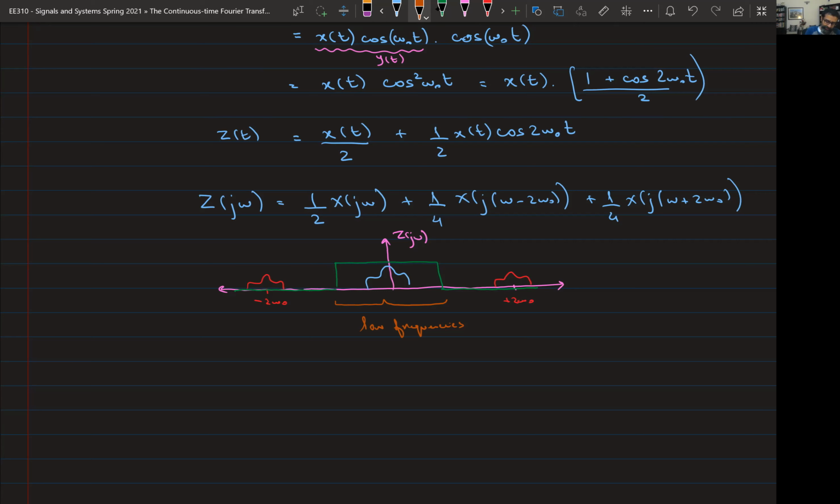Let me try to build on top of this now, or up the game, if you will. Let me say now there's x1 of t, which I multiply by cosine omega naught t.